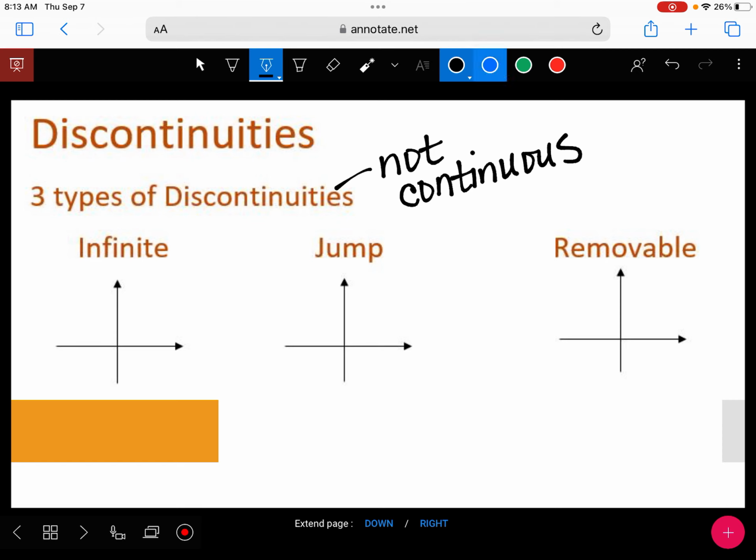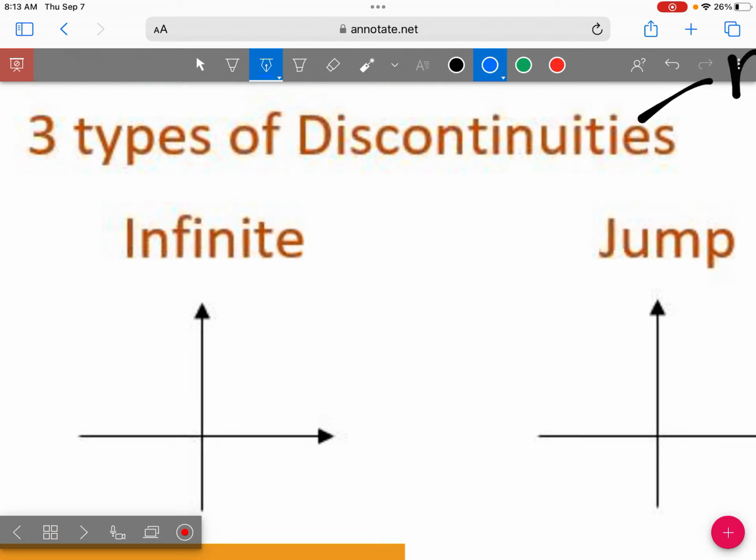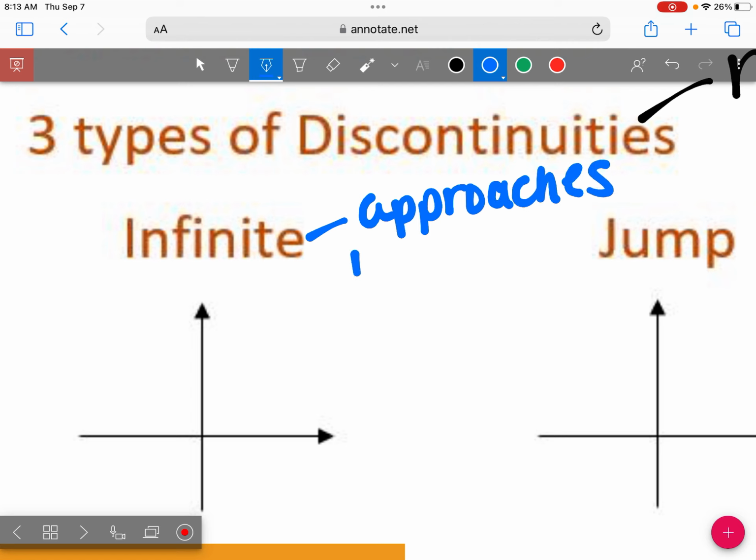The first discontinuity, I'm going to just zoom in, is where the graph approaches positive or negative infinity at some point in the domain.